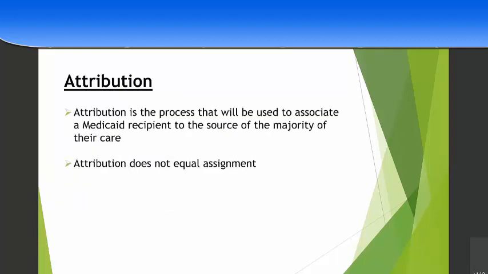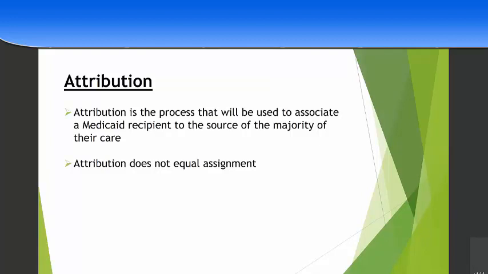Attribution is the process that will be used to associate a Medicaid recipient to a Medicaid PCP group that is the source of the majority of their care. An attribution does not mean they are assigned to a PCP.